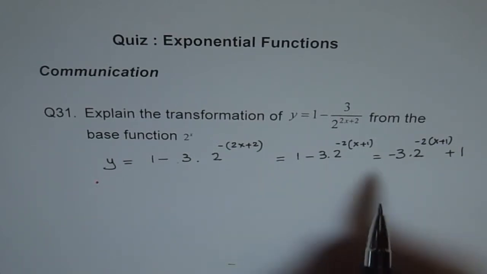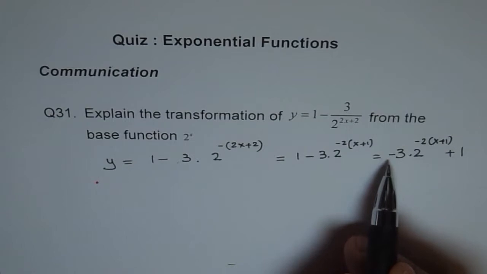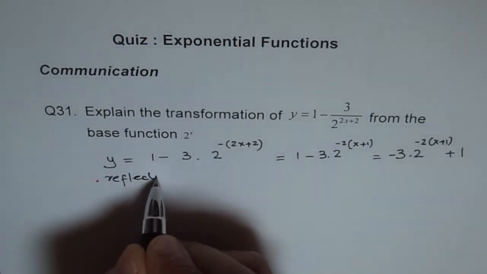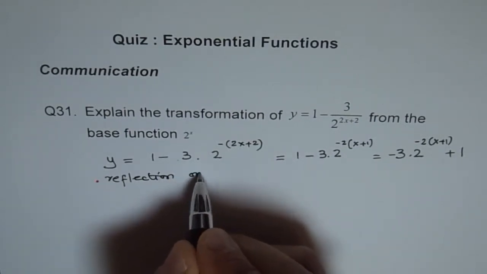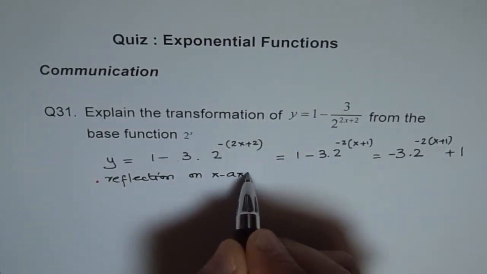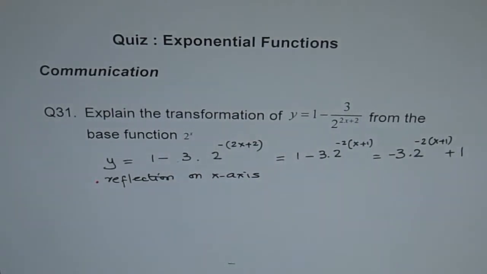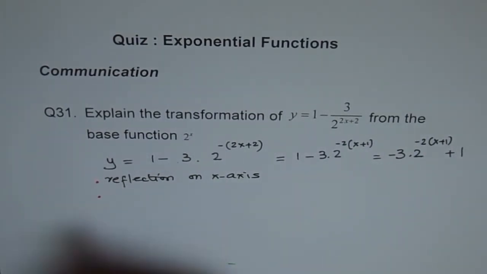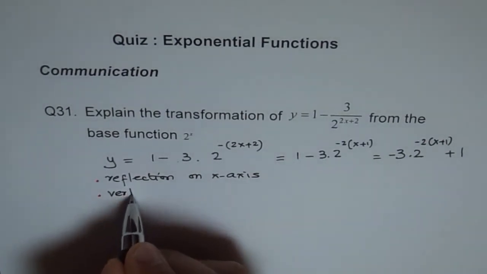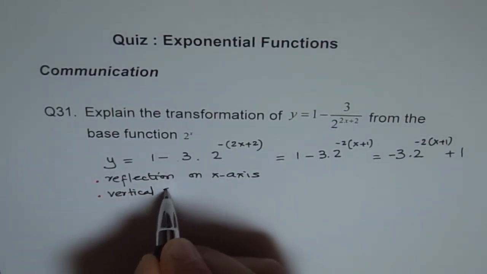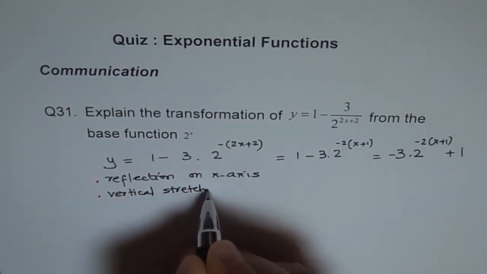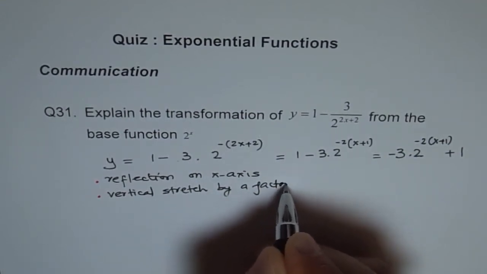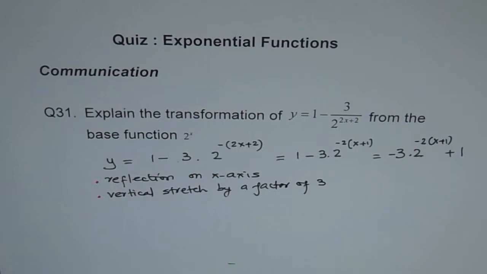So first is reflection, and this reflection is on the x-axis. So we have reflection on the x-axis, correct? And then we have a number 3 there, and since 3 is greater than 1, we say vertical stretch by a factor of 3, correct?